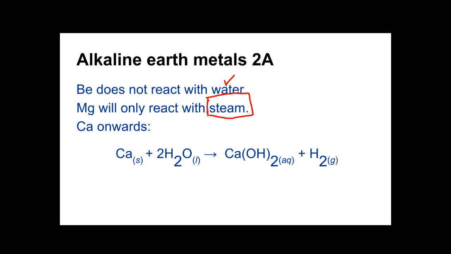Now, once we get up there in the calcium, strontium, and barium range, these guys will all readily react with water, just liquid water. It doesn't have to be steam. And what they're going to do is form an alkaline earth metal hydroxide. Those are going to be our strong bases.